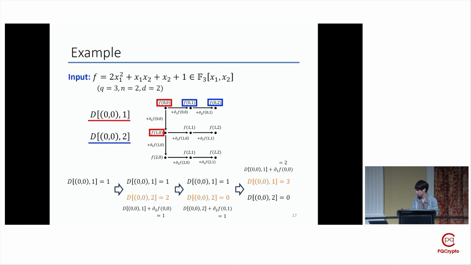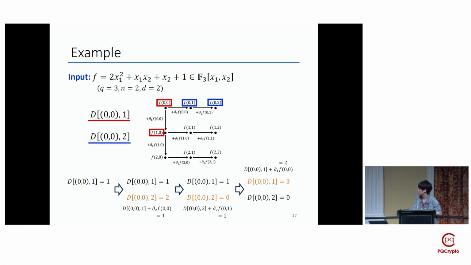For example, for input f equals x1 squared plus x1 plus x1 x2 plus x2 plus 1 in the finite field with 3 elements, F3. First, we compute the output of f00 and store it in D001. And then, by adding derivatives to f00, we can compute f01 and store it in D002.